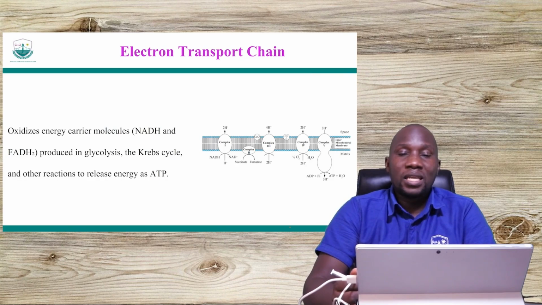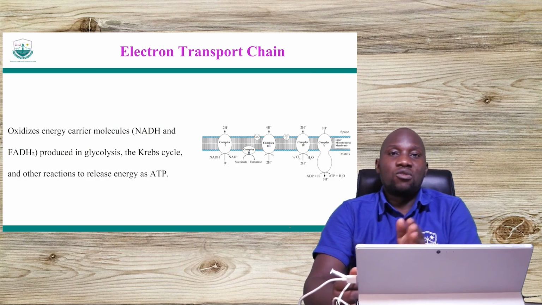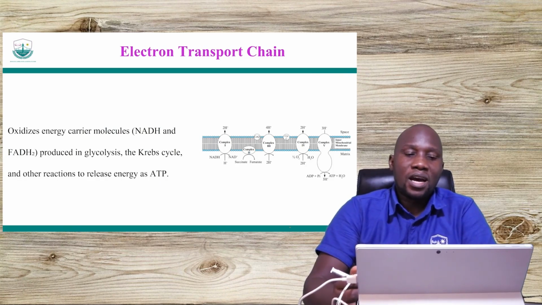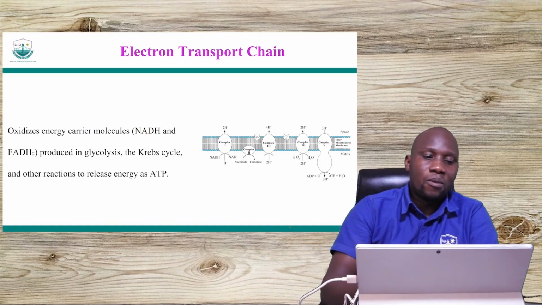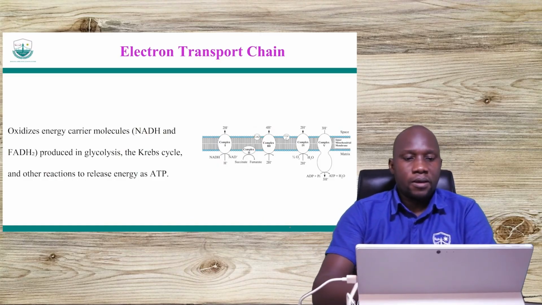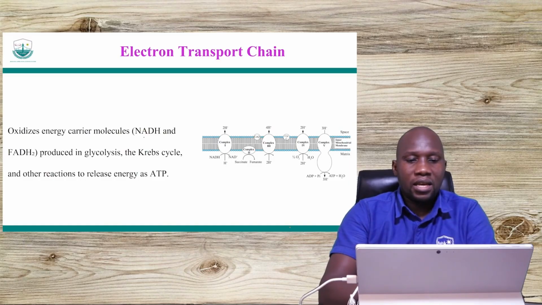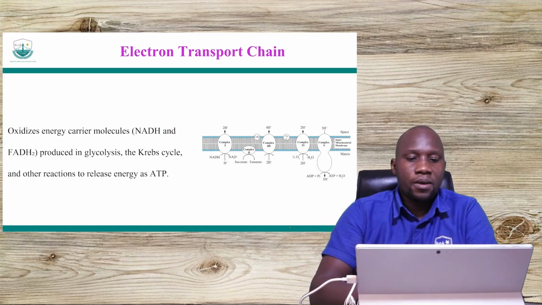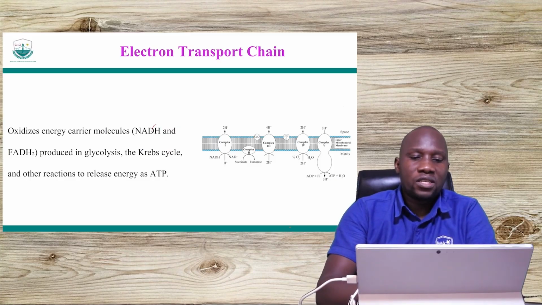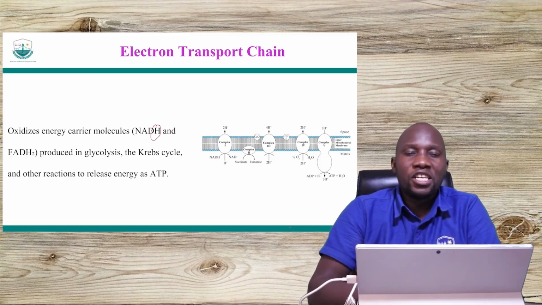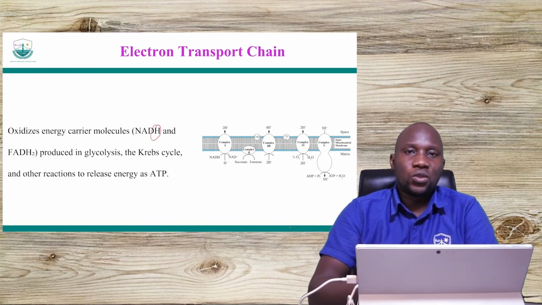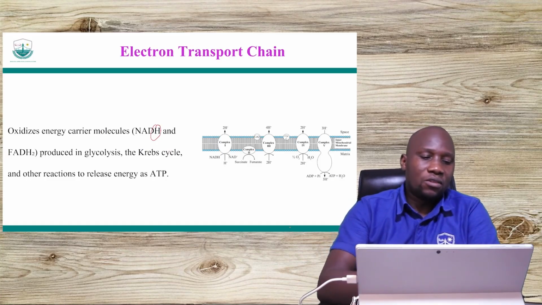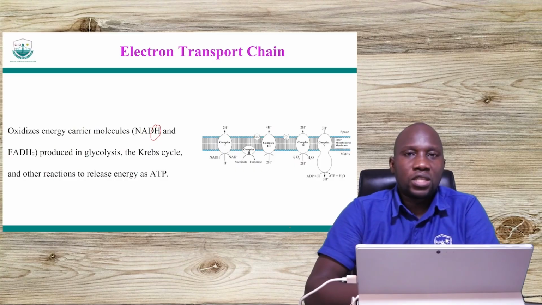So where are these electrons coming from? The ones that we are carrying from one complex to the other. They are coming from these molecules. Nicotinamide adenine dinucleotide. Okay. When we have this H added, it means we have the reduced version of that molecule. Okay, and then we have flavin adenine dinucleotide.